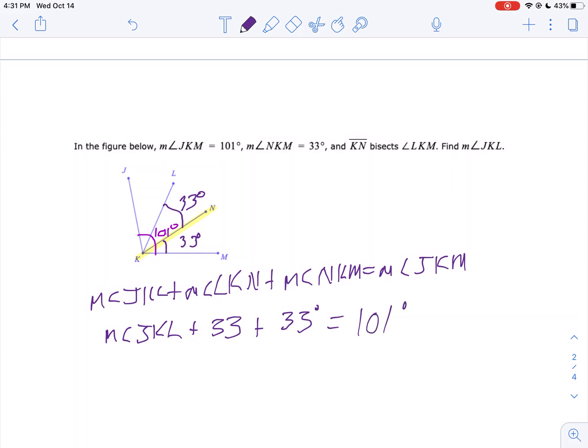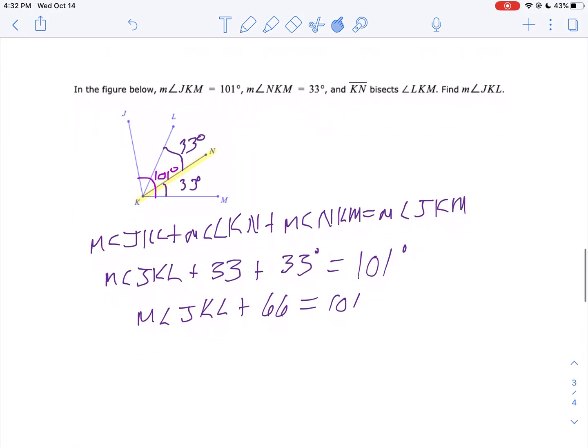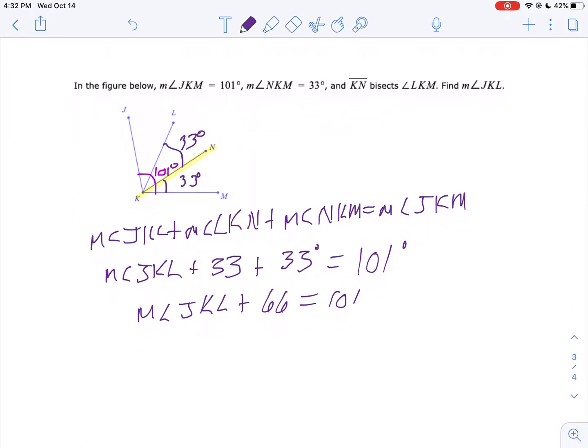Now combine our like terms. So we're going to say the measure of angle JKL plus, well, 33 plus 33 is 66 equals 101. We're going to do it kind of like we did the last problem. We're going to subtract 66 from both sides.